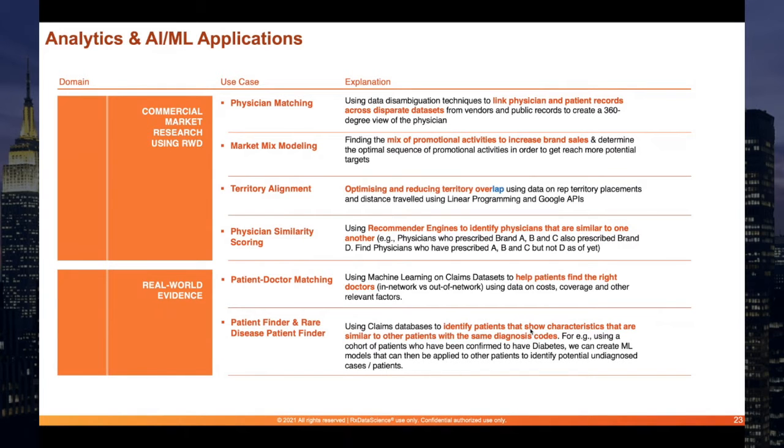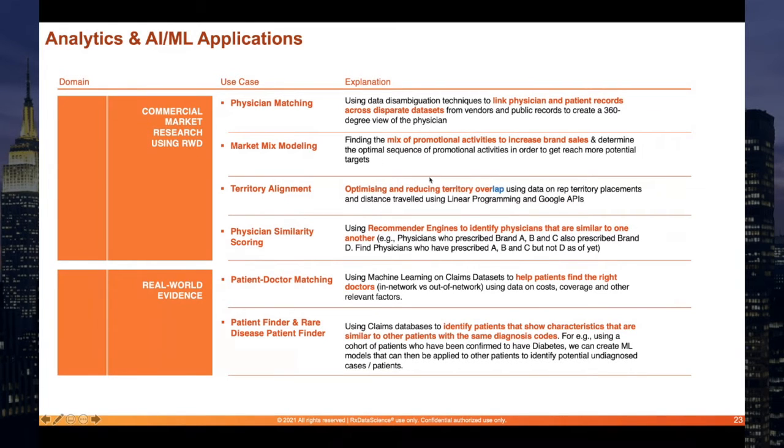There are many different use cases these days, but interestingly, even in commercial, we have started using RWE datasets, for instance, for physician matching. Can we link physician and patient records across different datasets? So, you're a patient, you have a certain condition, and you want to work with a certain kind of physician maybe. Using RWE records, you can match those patients to the physician.